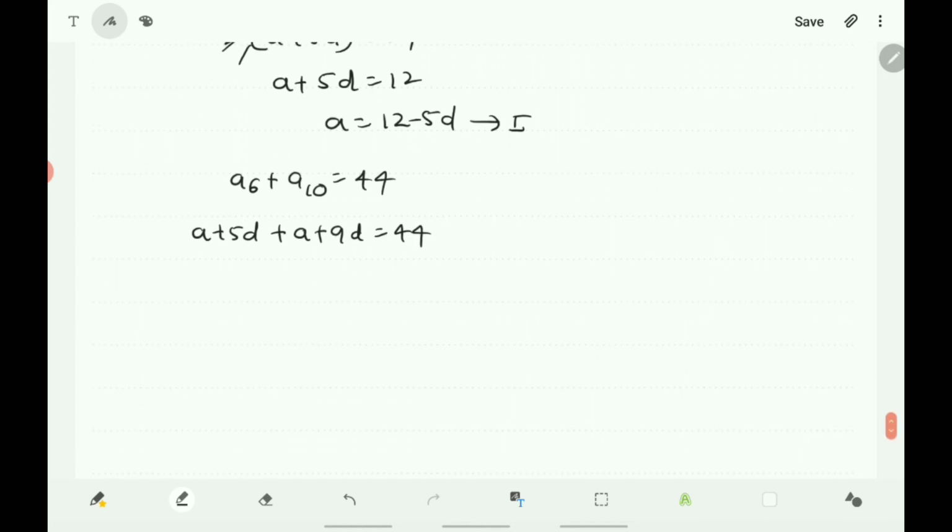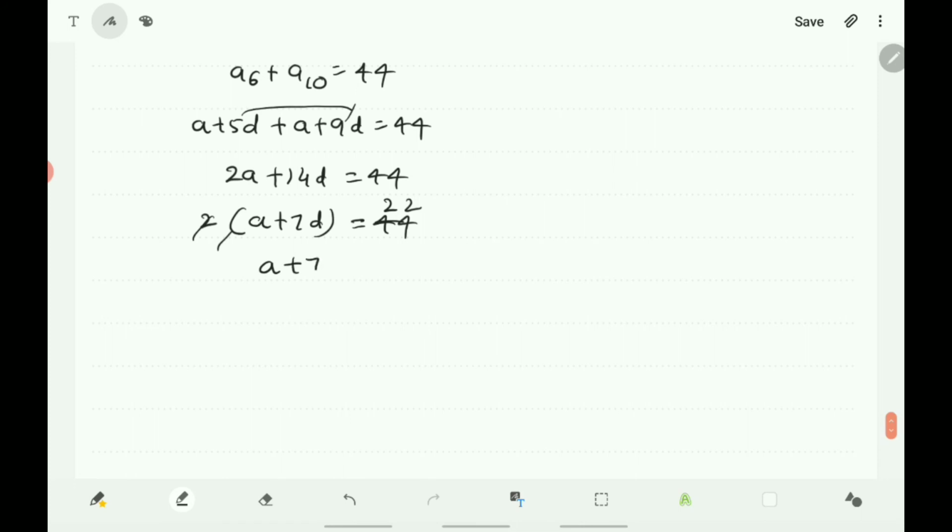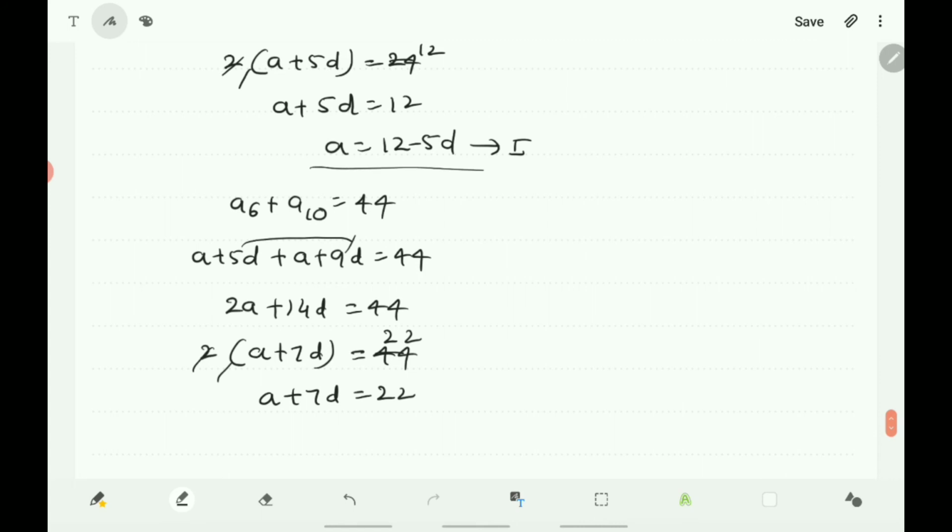So it is A plus A, 2A, plus 14D, since 5D plus 9D is 14D, is equal to 44. You can take 2 as common, that becomes 2 into A plus 7D is equal to 44. So A plus 7D is equal to 22. Then here you got a relation.